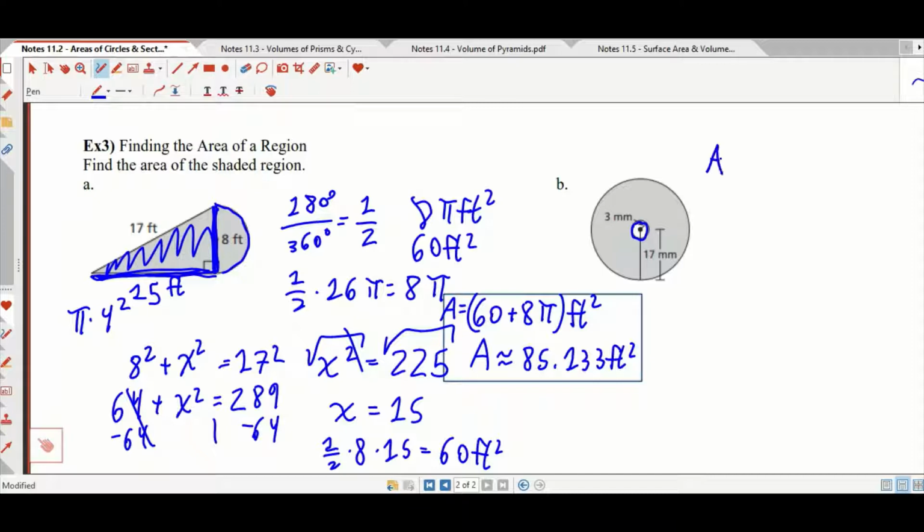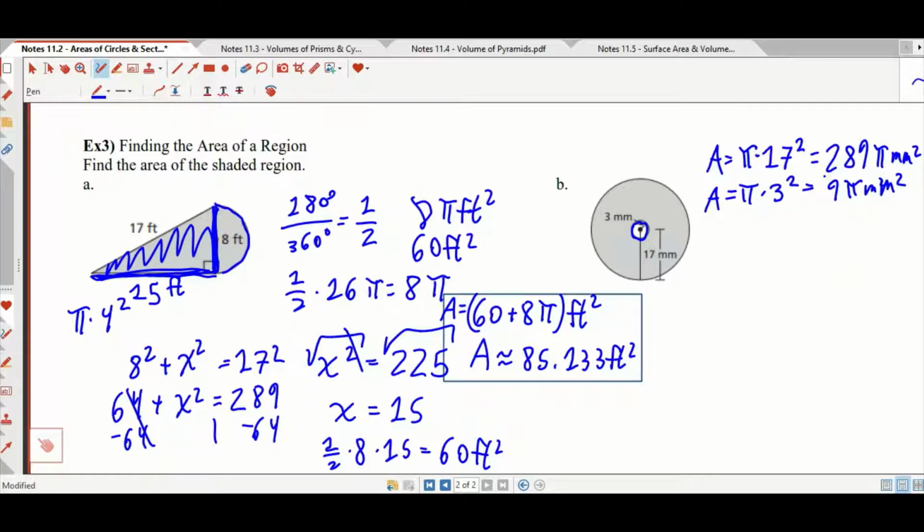So we're going to do area equals pi times the radius of the big one, which is 17 squared. 17 squared is 289 pi millimeters squared. And the area of the little one is pi times its radius, which it's telling me is 3 millimeters squared, which is 9 pi millimeters squared.